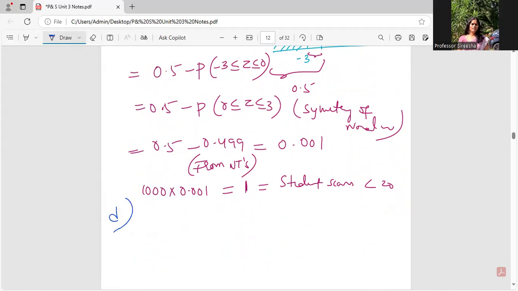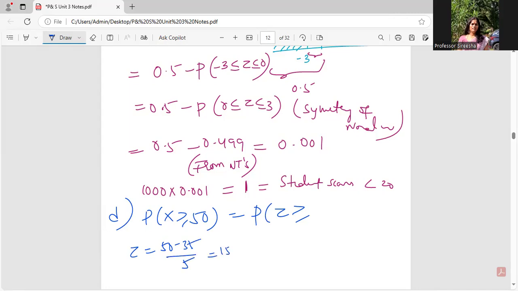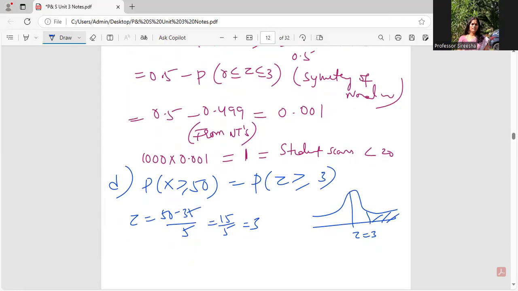Now for the final question, what I have is P of x greater than or equal to 50. Z is equal to 50 minus 35 by 5, which again is 15 by 5, which is 3. So P of Z greater than or equal to 3. Draw the normal curve and see where it lies. Z equal to 3 is a positive value, so this is the area I have to find out. How will I find it?